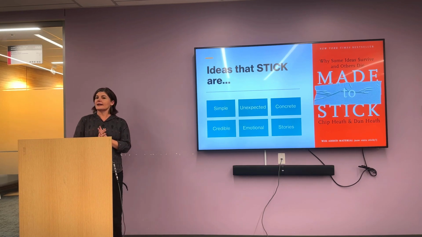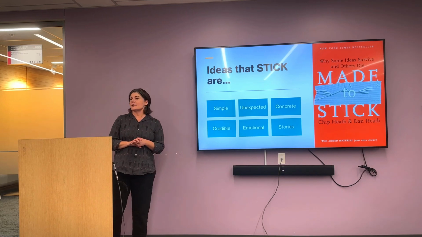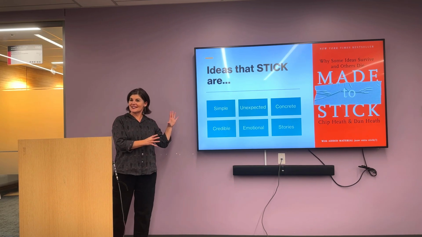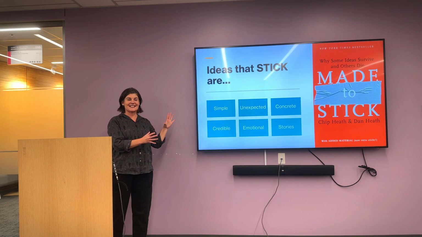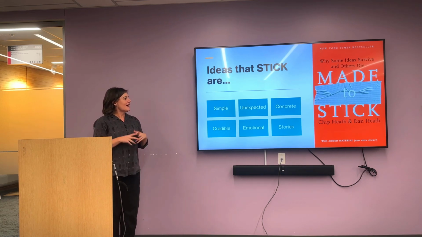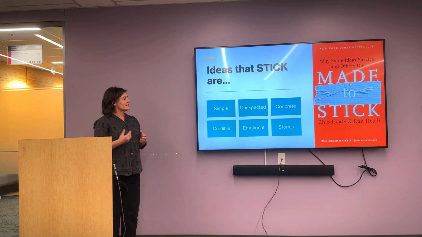They argue there are things that make an idea, no matter how complex, stick with the public. These 6 components are things we should think about, and I'd like you to remember them, because I'm going to show you some images and we'll see how they relate to these 6 items of the rubric of success.